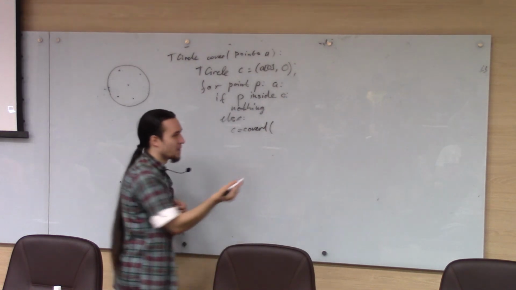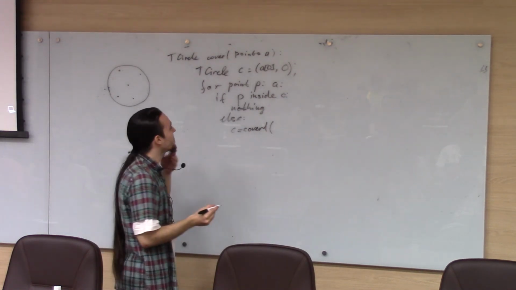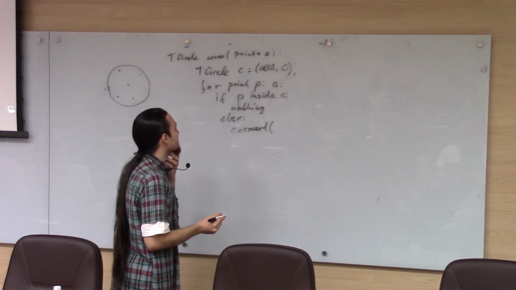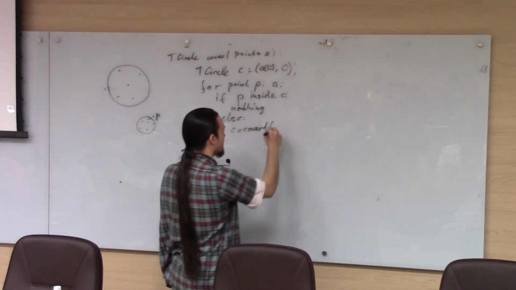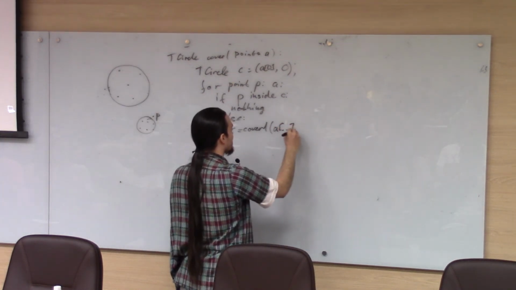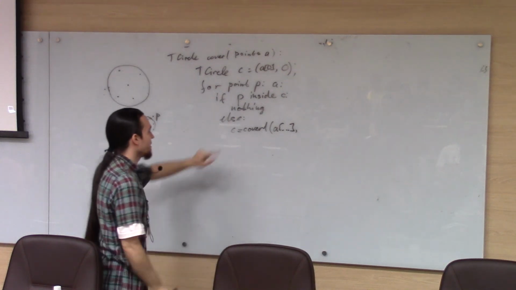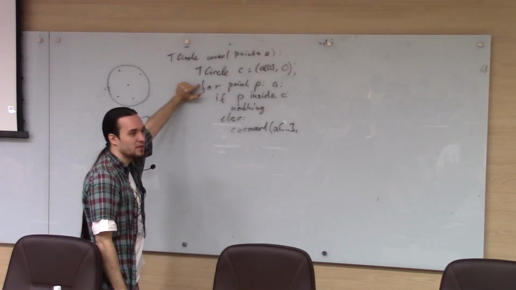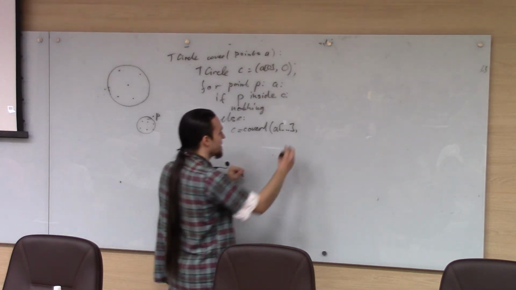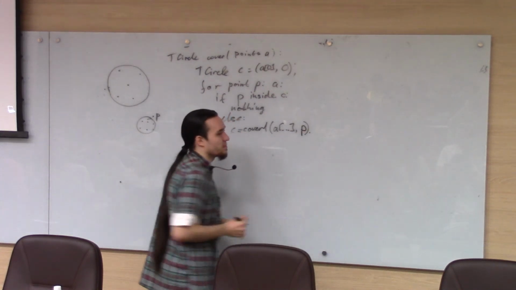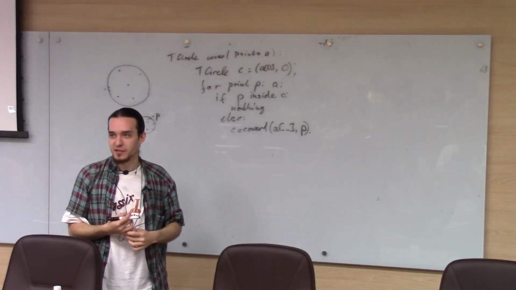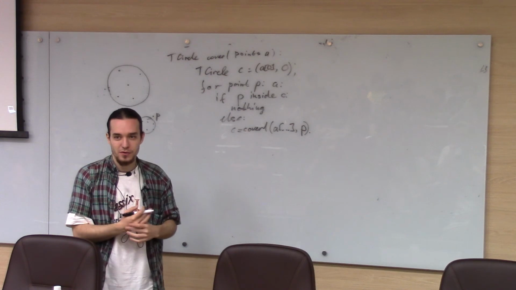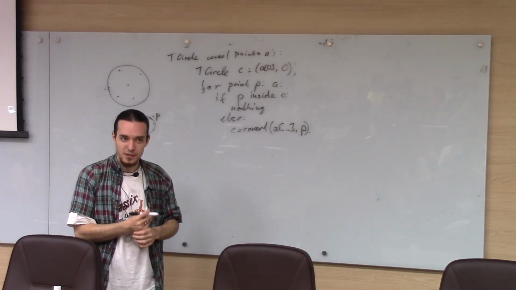We'll call it cover1, because good naming. It takes a portion of A, basically every point up to P, and its second parameter will be a point that is on the circumference.